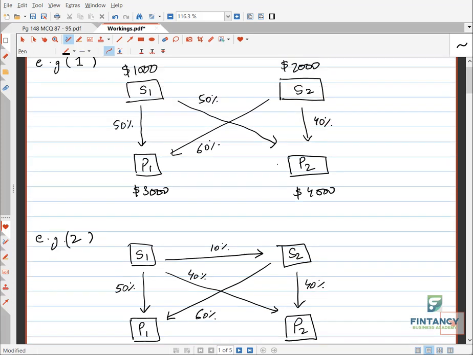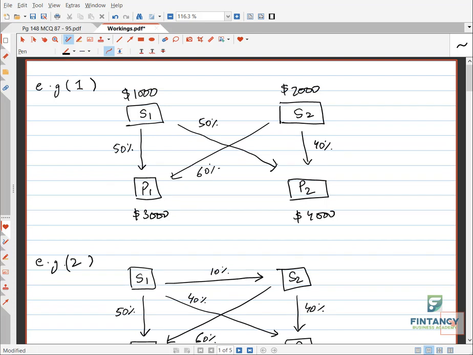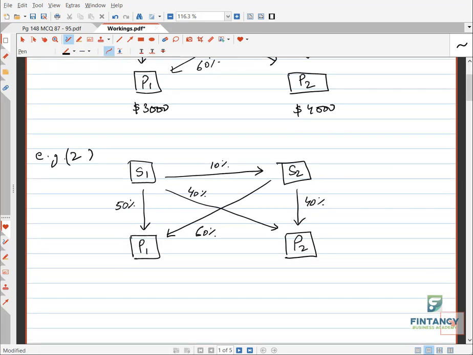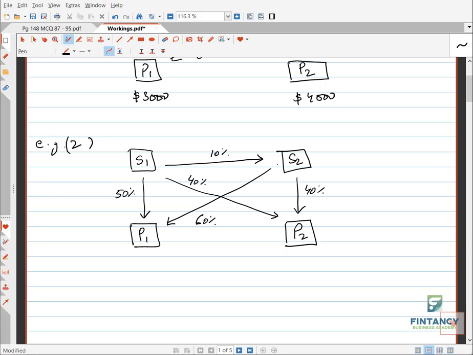Now my friends, in example number 1 we only did the direct method. In example number 2 we will do 2 methods, which are the applicable methods. If I ask you, by looking at example number 2, which methods can we use? The answer is we can use the direct method and we can also use the step down method. Now you will ask me, in which type of scenario can we use the third method, the reciprocal method?